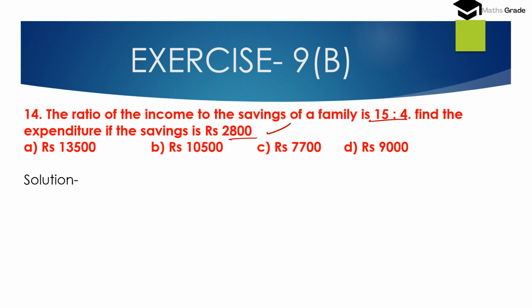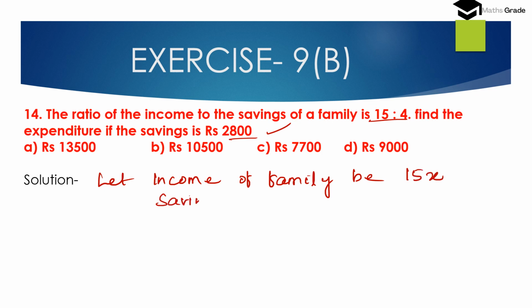The ratio of income to the savings of a family. Let the income of the family be 15x and the savings of the family be 4x.